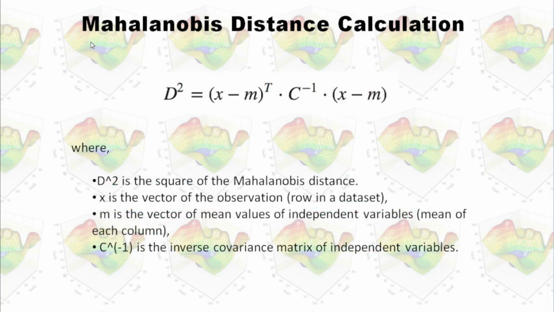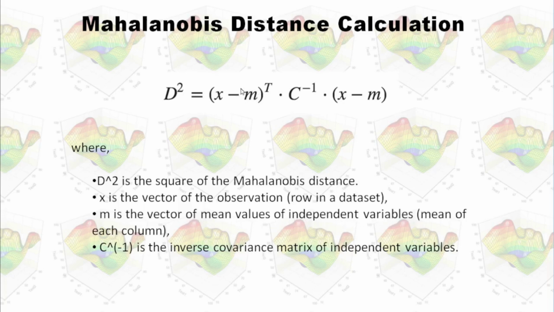When we calculate Mahalanobis distance, we use this formula. D squared is the square of the Mahalanobis distance, and x is the vector of the observation, this x, and m is the vector of mean values of independent variables.